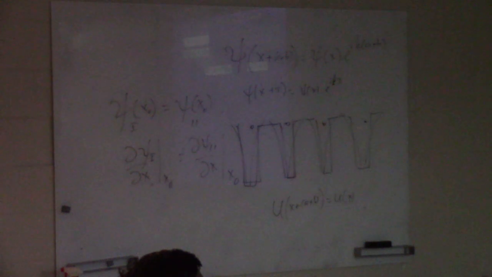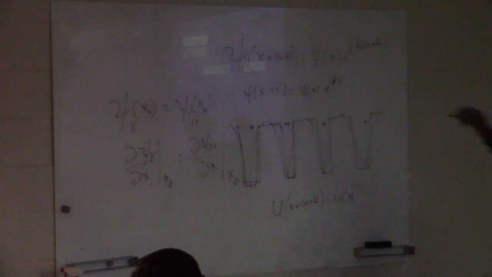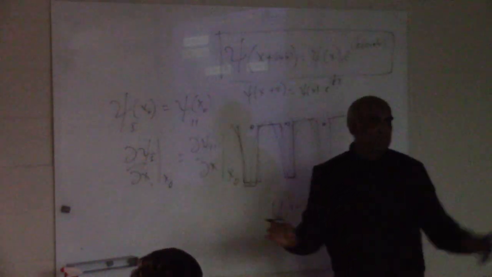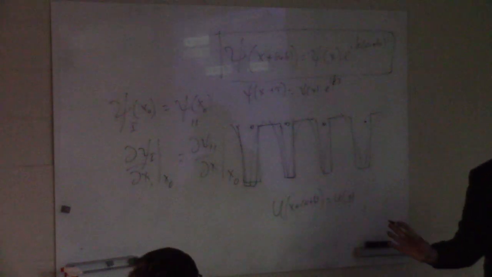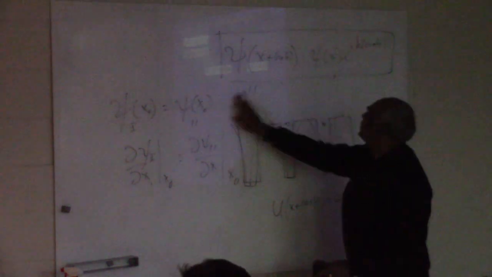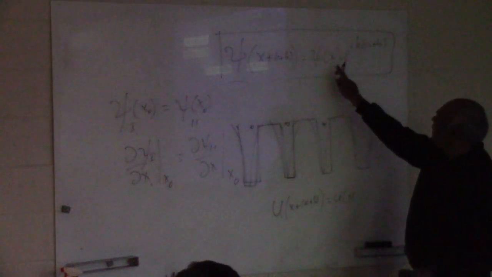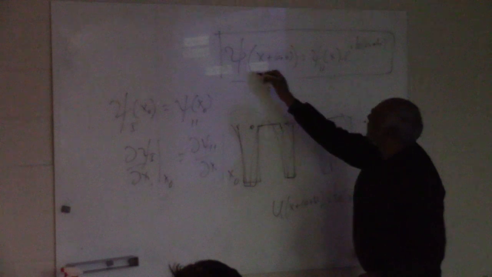You can use the Bloch theorem. Psi 2 at this point is the same as psi 2 at this point minus b, times e to the ik. So you can use this equation. So far we didn't use any Bloch theorem.